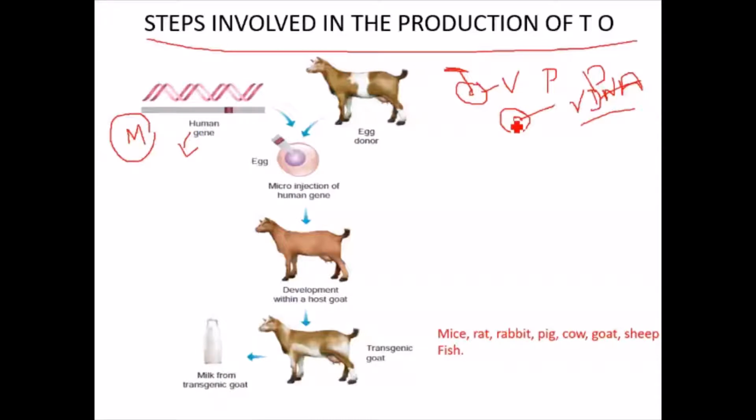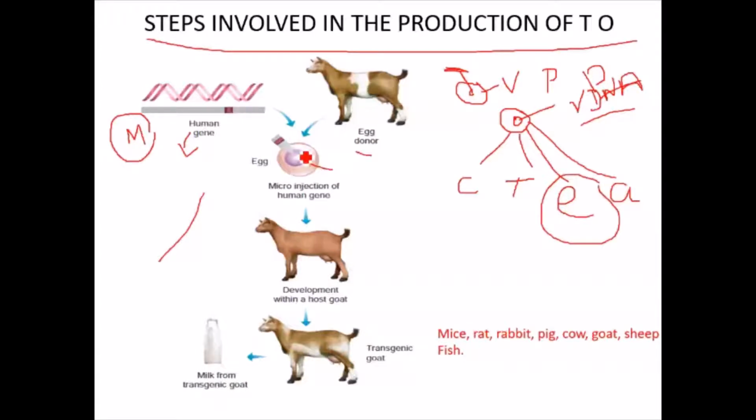Now it can be introduced into either a cell, tissue, embryo, or adult organism, any organism. But in this case, I introduce it into an embryo or ovum. Is it clear? The ovum is isolated from the goat, and the desired gene is injected into it.